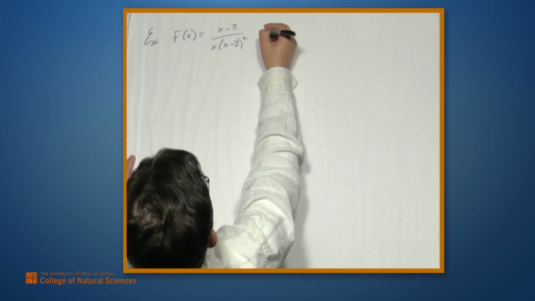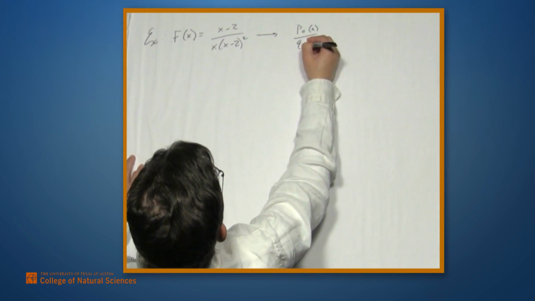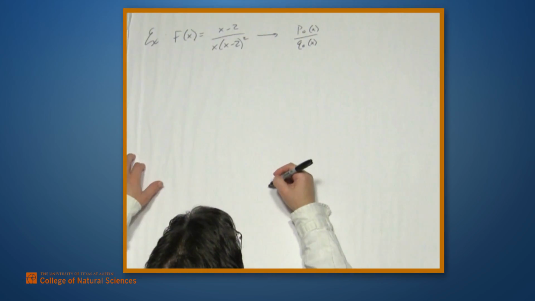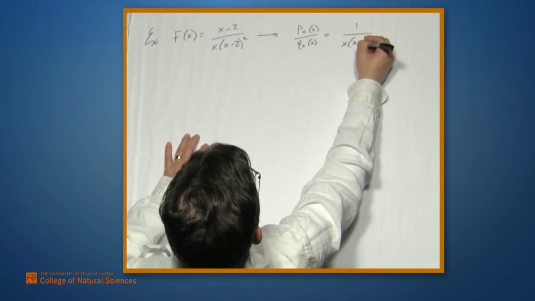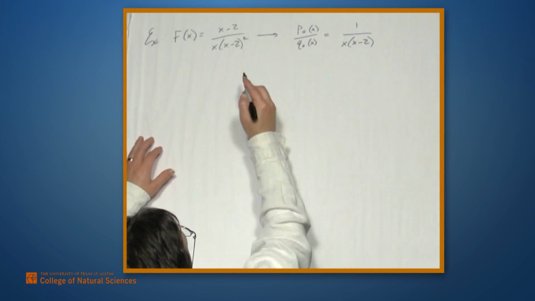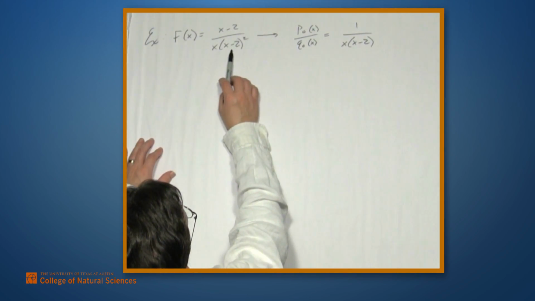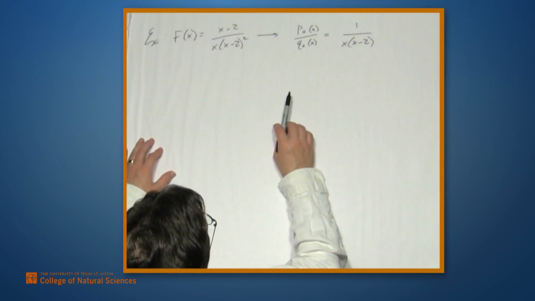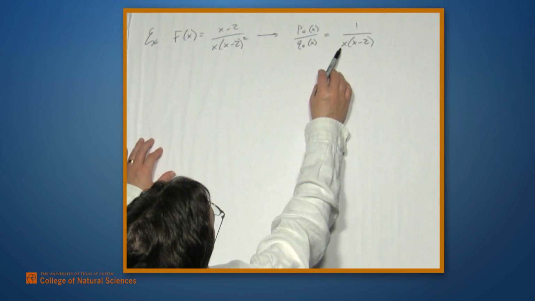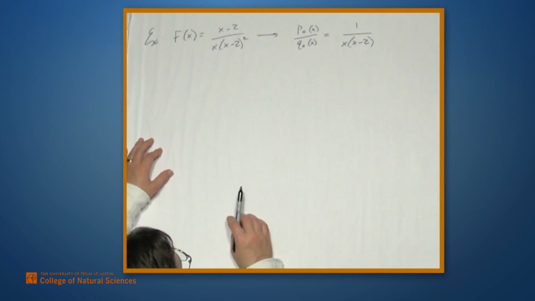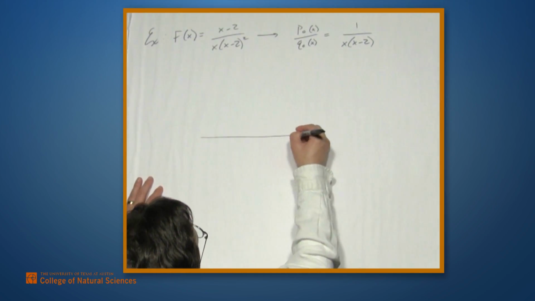So this time, p0 of x over q0 of x in the notation that we just used is 1 over x times x minus 2. This x minus 2 term in the numerator cancels one of the two x minus 2 terms in the denominator, but we're still left with another one. By this general approach, we now know that f has vertical asymptotes when x equals 0 and when x equals 2. So let's finish by figuring out what this graph must look like.